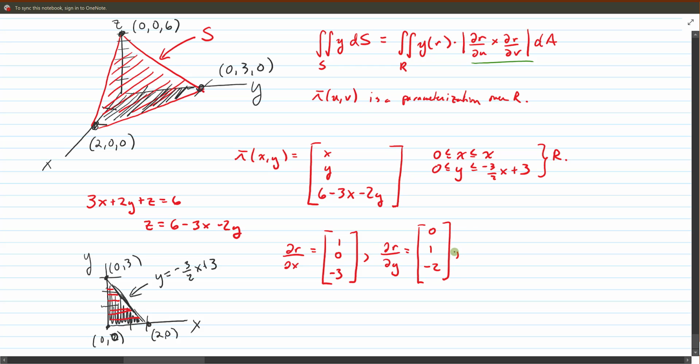I'm going to take the cross product of these two vectors. I'll abbreviate this as r sub x cross r sub y. So that's i, j, k, and then I fill in the rows 1, 0, negative 3, 0, 1, negative 2, and I'll compute the cross product.